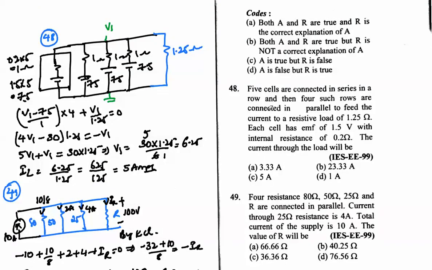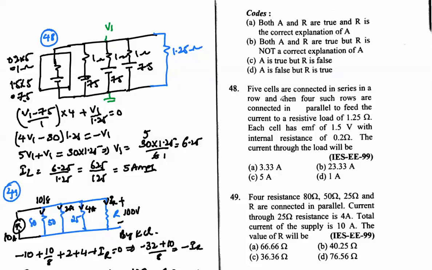Next, 5 elements are connected in series in a row and 4 such rows are connected in parallel to feed a current to a resistive load of 1.25 ohms. Each cell of EMF is 1.5 volts with an internal resistance of 0.2 ohms. Find the current through the load. So first, what we have done is 5 cells are connected in series here.